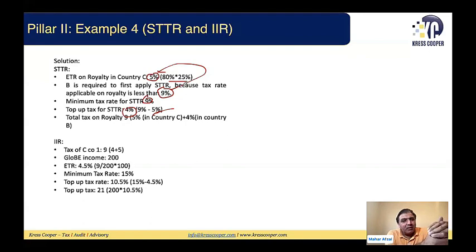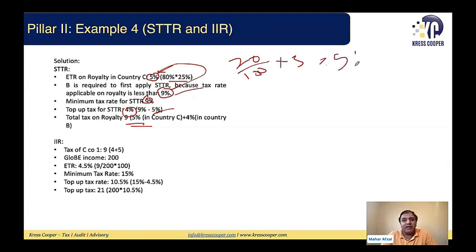And the effective tax rate for the reality is 9%. 9% minus 5%, the differential is 4%. Total 9%, that is fine. Then how did I calculate this 5%? 25% of 80 is 20. 20 divided by the total income of the reality, which is 100, is 5%.